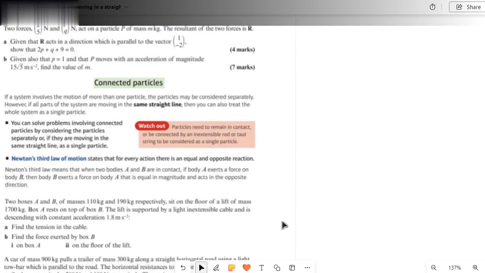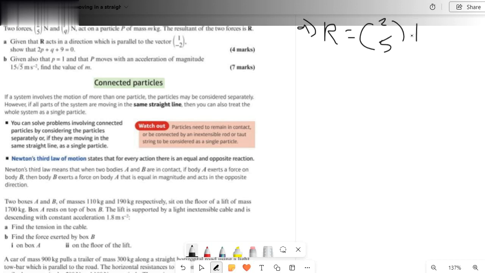So we know that the resultant of the two vectors must be the addition of the vectors, which is R equals (2, 5) plus (p, q). Adding the components, we have 2 + p and 5 + q.